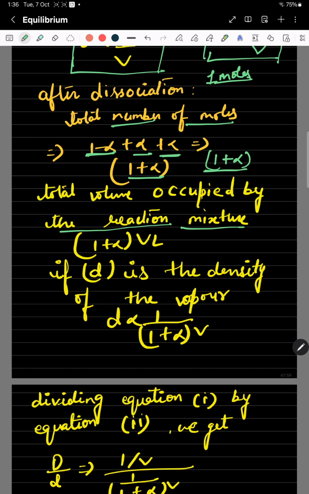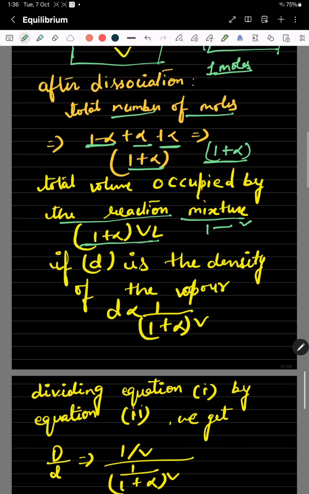As we know, 1 mole is present in V liter. So 1 plus alpha moles will occupy 1 plus alpha into V volume.